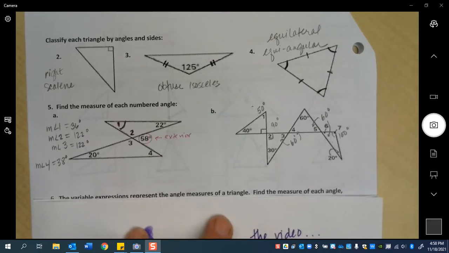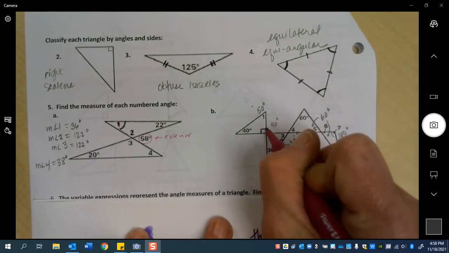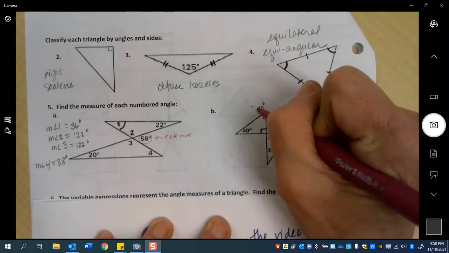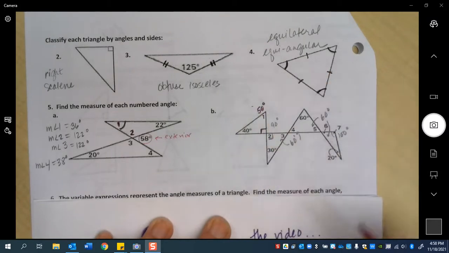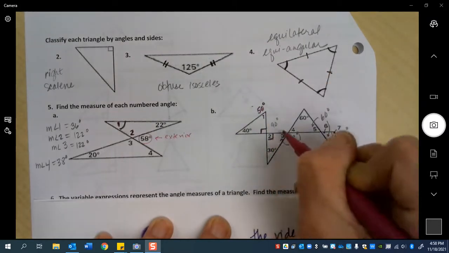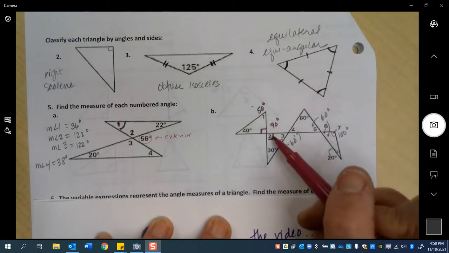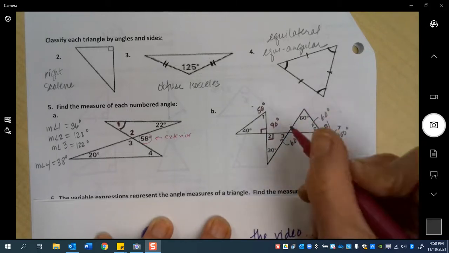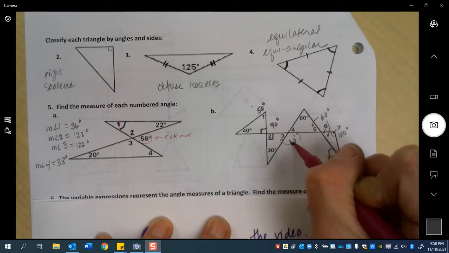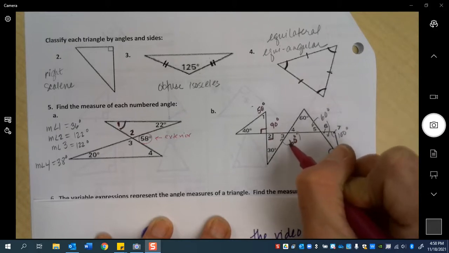Over here on diagram B, as soon as I see this being a right angle, I know that angle 1 is going to be 50 degrees. I know that angle 2 is going to be 90 degrees. Once I see this is 90 and this is 30, I've got a bunch of 60-degree angles happening here.